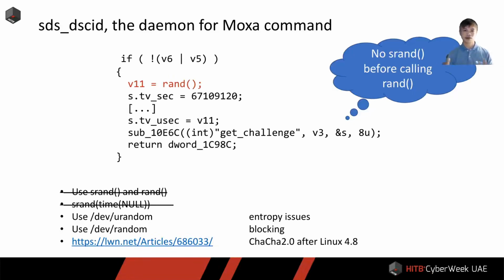Since Linux 4.8, a new algorithm called ChaCha20 was introduced in urandom, so that you get a really good random number each time you read from /dev/urandom. That's really good, but the problem is that embedded devices might not be running such a new Linux kernel. Anyway, Moxa doesn't call srand before calling rand, and that's not good practice.